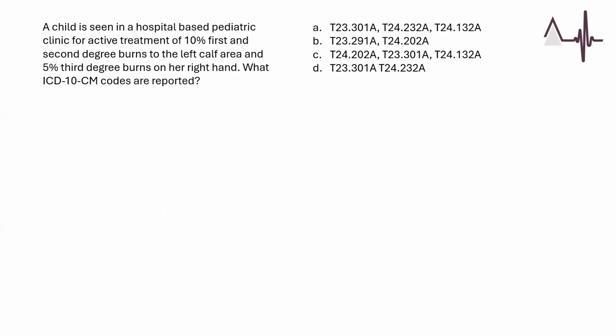In this scenario, there is no specification as to what caused the burns, but they are stated as burns. ICD-10-CM guidelines 1.C.19.d.1 indicates to sequence first the code that reflects the highest degree of burn when more than one is present. In this case, the third degree burn on the right hand is listed first.